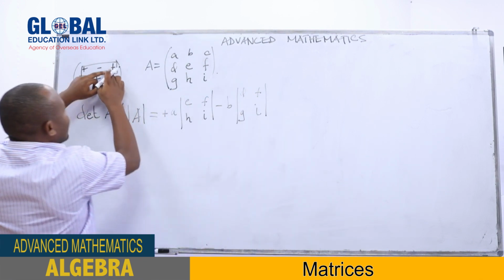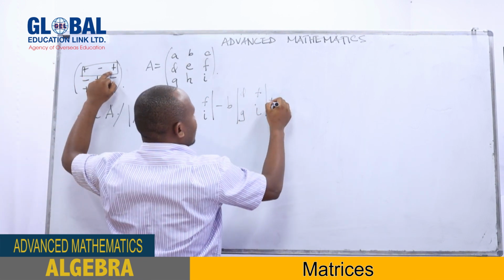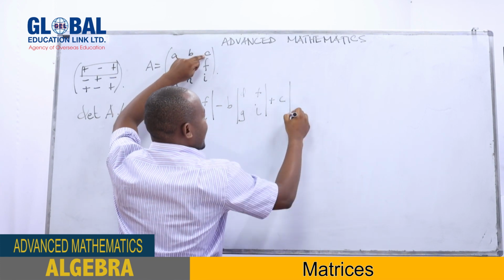Then going back to the pattern, that is plus, and we take C times what?